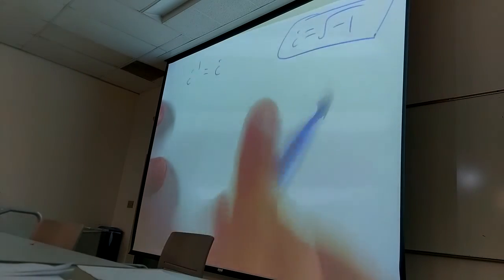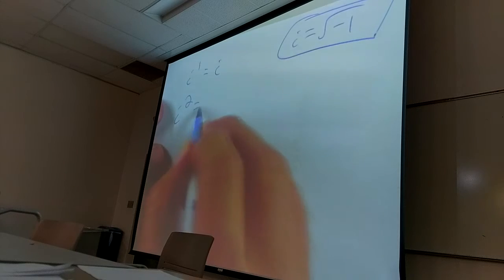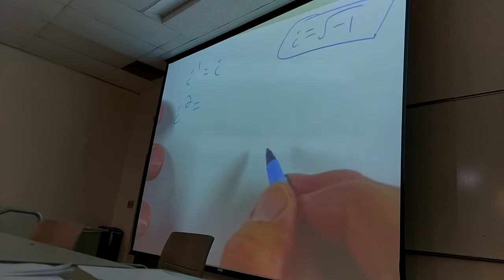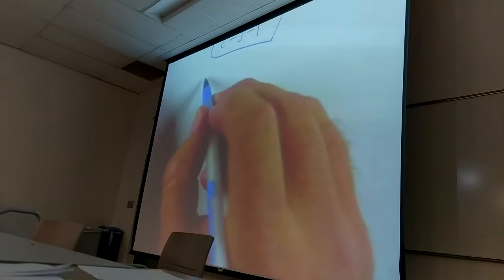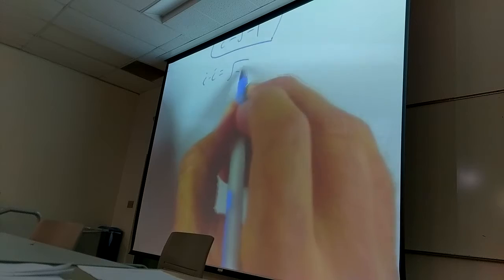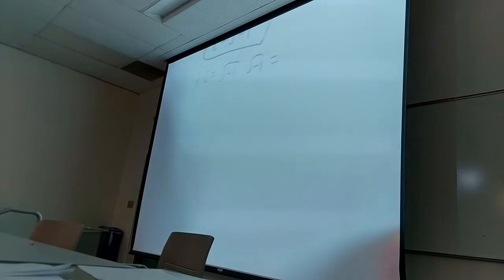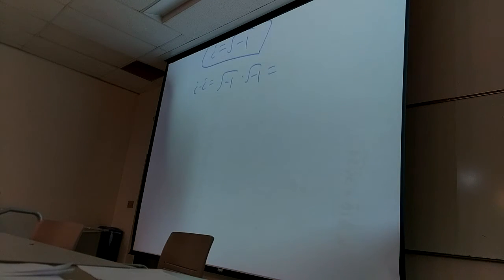Who remembers what i squared is? Negative 1. So let's try it. What would i times i be? It would be the square root of negative 1 times the square root of negative 1. What's the square root of 11 times the square root of 11? 11.